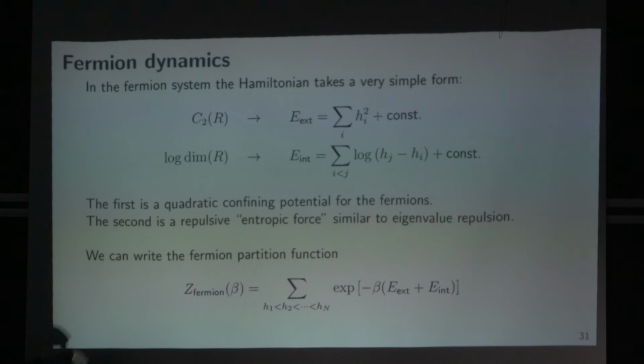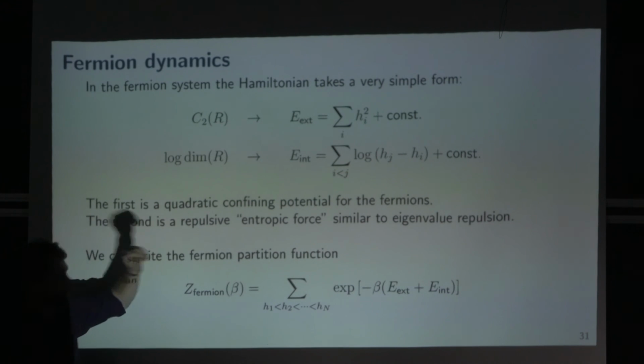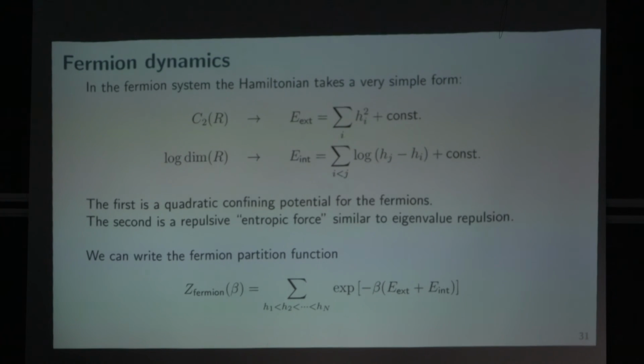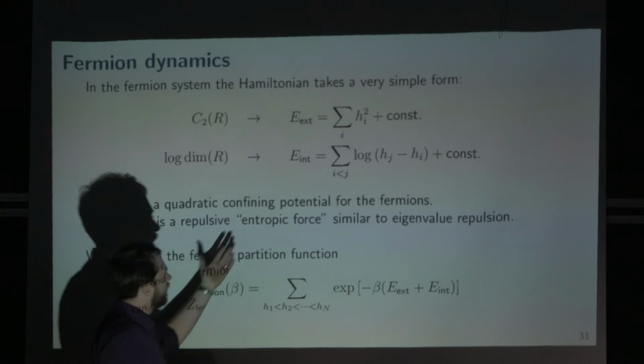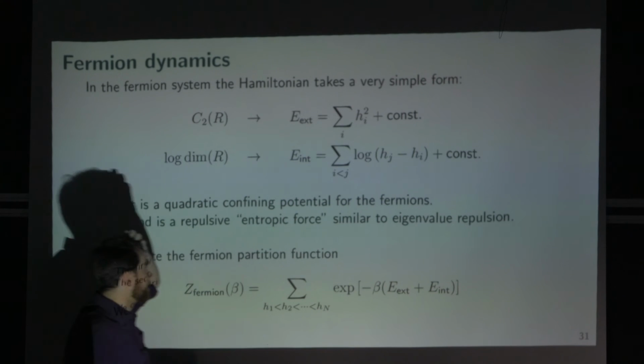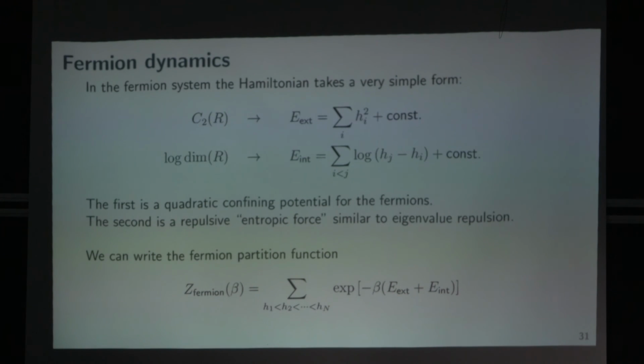And now this log dimension term: I can think of the dimension of R to some power as e to the log dimension, and think of it as an interaction potential. It's a logarithmic potential which is repulsive. You can think of it as a kind of entropic force.